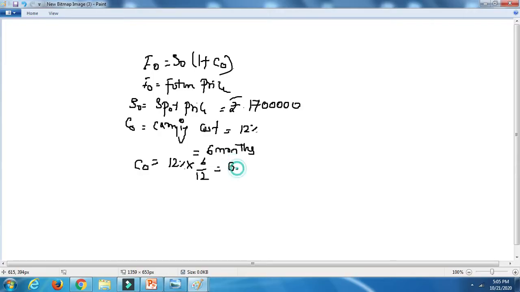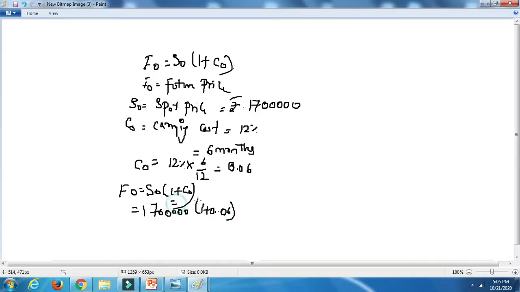So it will come to 0.06. Okay. So now what is FO here? SO into 1 plus CO, what we have got. So 17 lakhs into 1 plus 0.06.